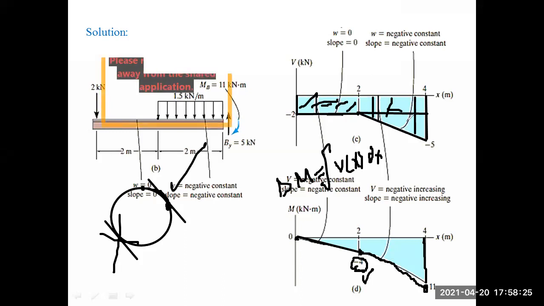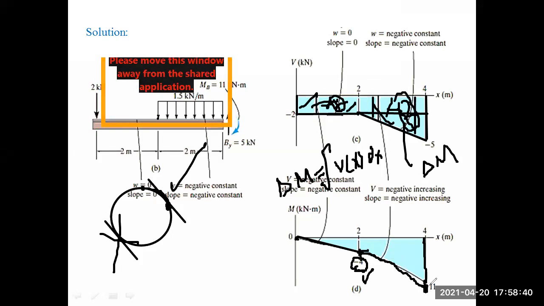Once you get delta M, you will know the difference between this value and this value. So you add the delta to 4. You're going to get 11. And then you lock it. Okay. If you have a question, you ask.